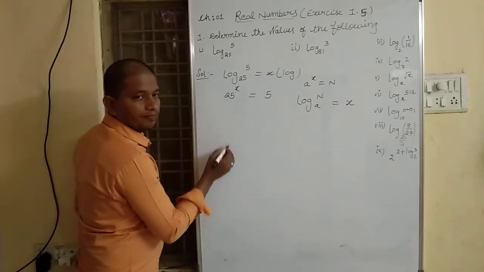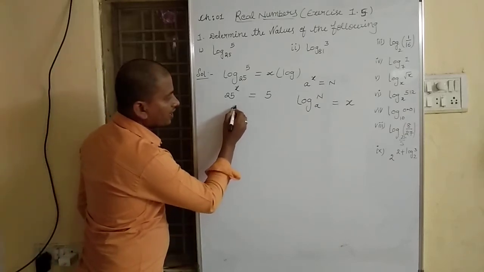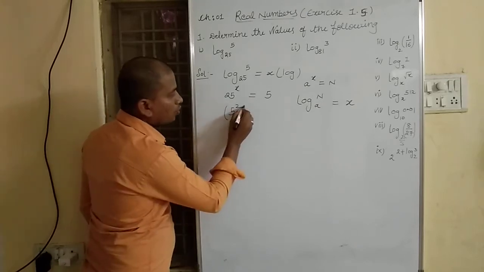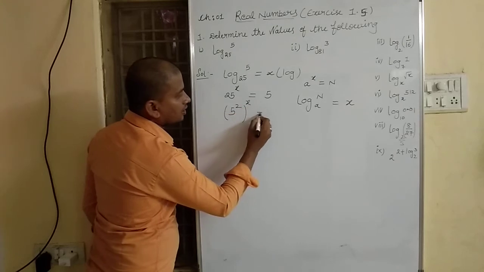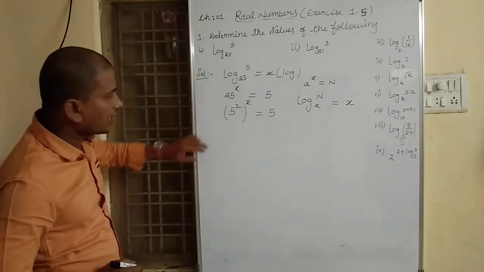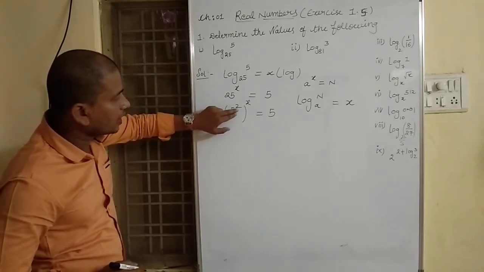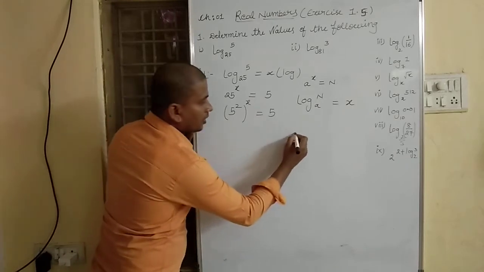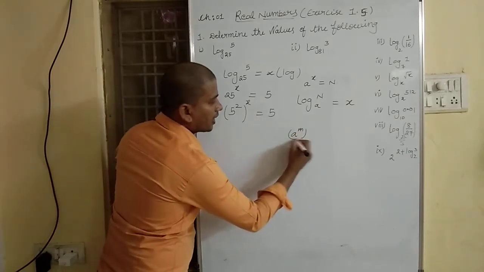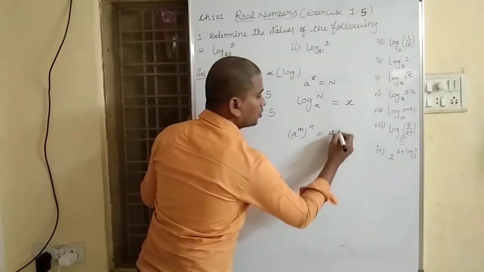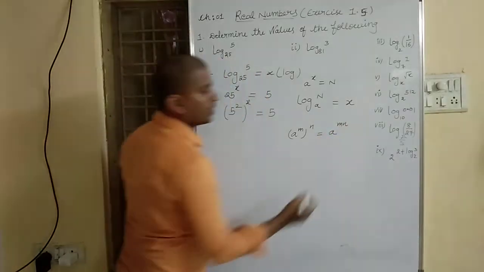This 25 I can write as 5 square, 5 into 5 is 25, whole power x is equal to 5. By the laws of exponents, a power m whole power n is equal to a power m into n.